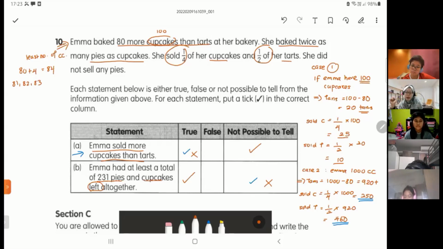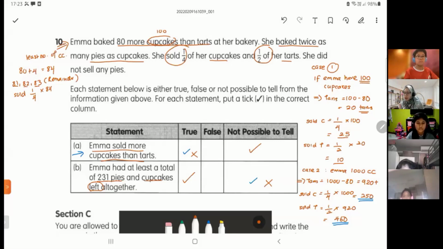Because they cannot be divided by 4, because I sold 1/4. So when I say I sold 1/4 times 84, I can get a precise number without any remainder. But if I take anything lesser than 84, like 81, 82, 83, there will be a remainder. So I cannot use any numbers lesser than 84.